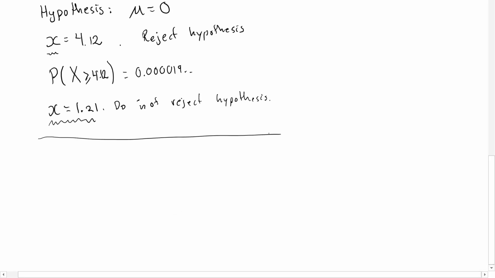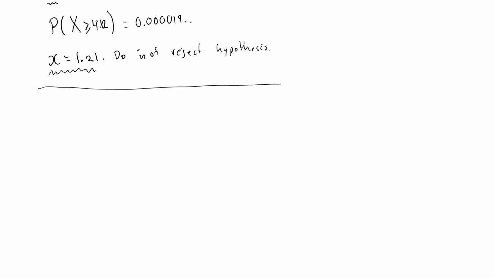So the last analogy I want to make is one that's often made when hypothesis testing is discussed, and that's with a courtroom trial. So we have a defendant and we need to decide whether the defendant is guilty or not.